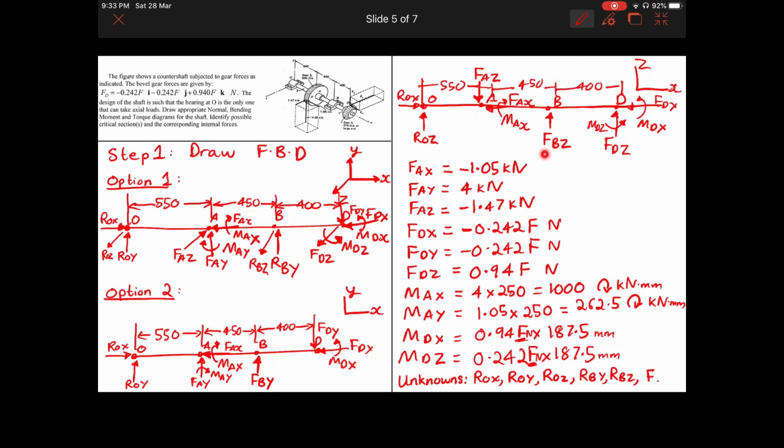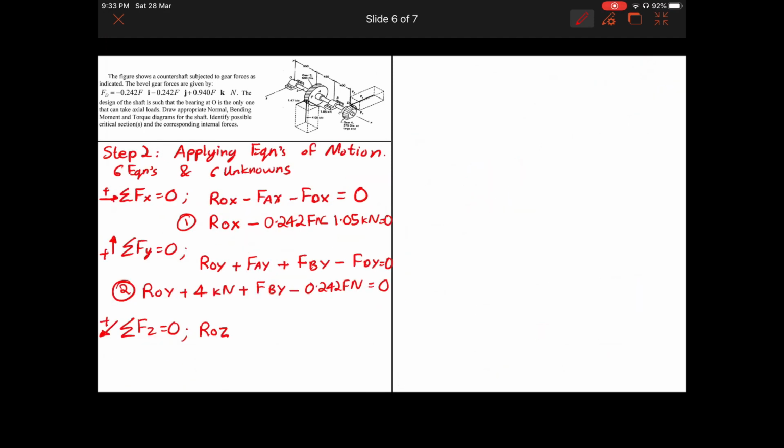FAZ is negative. FBZ is positive. FDZ is positive. So only FAZ is negative. Minus FAZ plus FBZ plus FDZ equals 0.